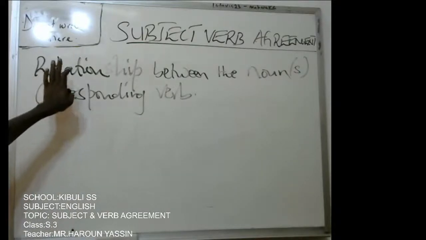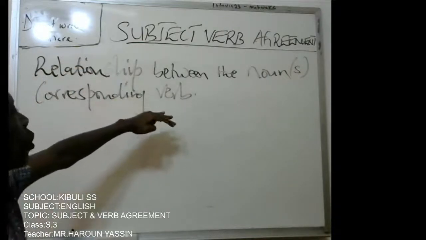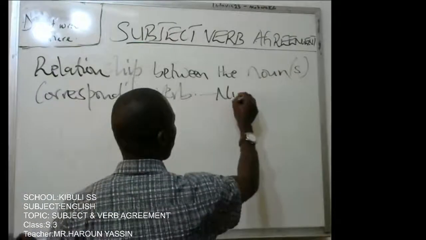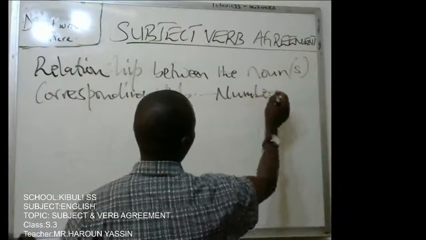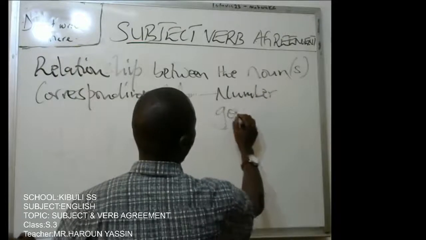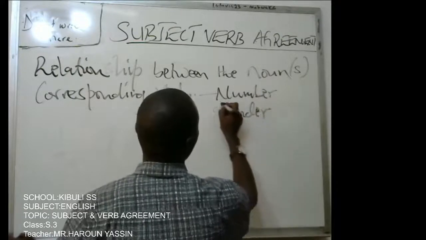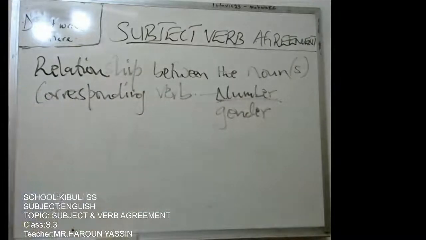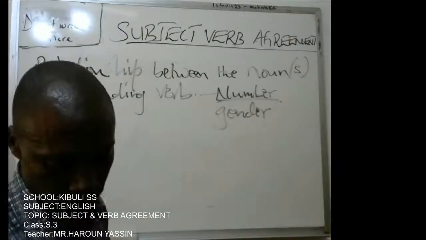You will find that the verb has got to correspond well both in number, it's usually number, and gender, but my concern here is going to be mainly in number. These two have got to agree.